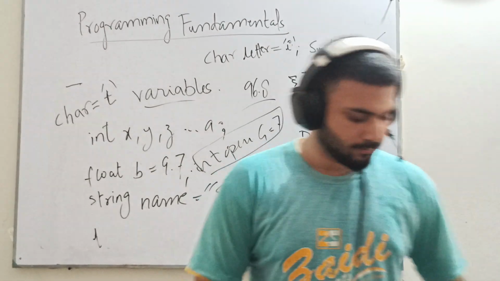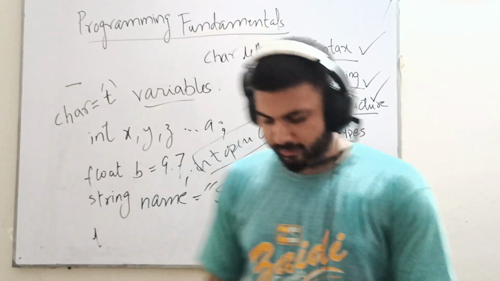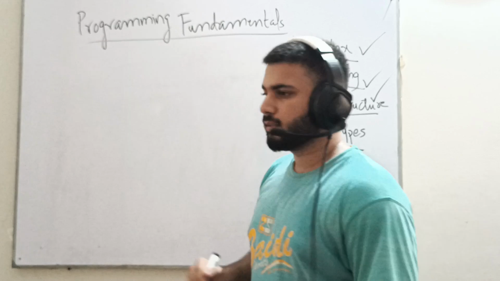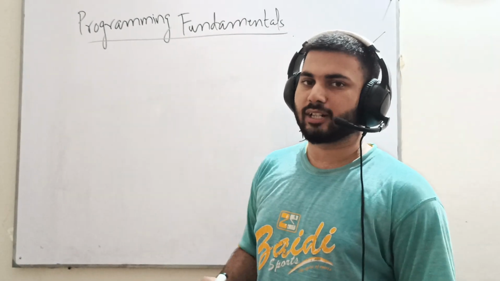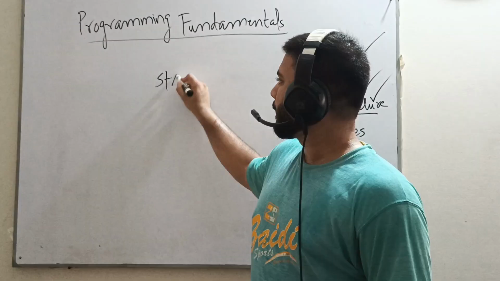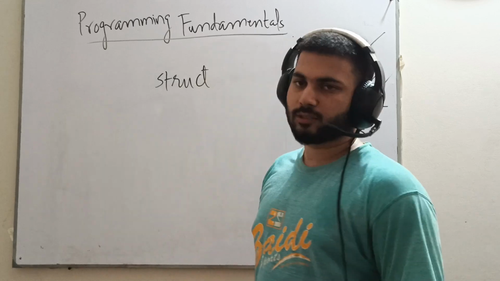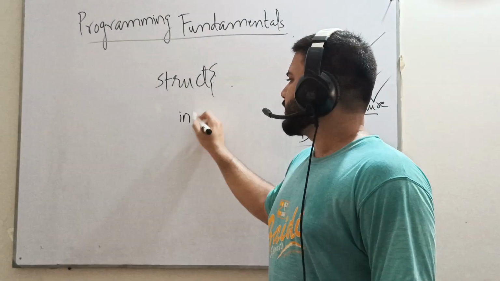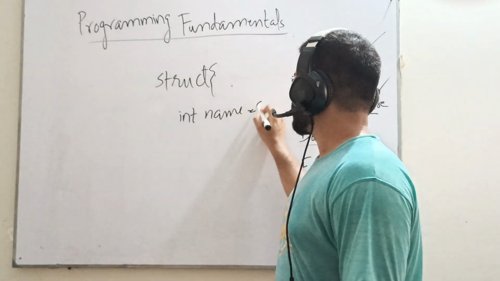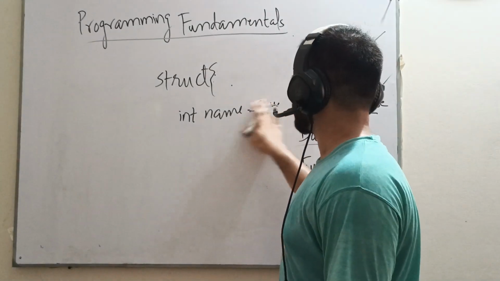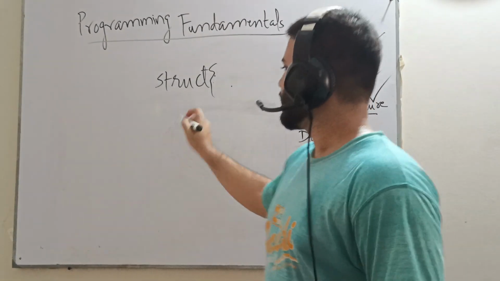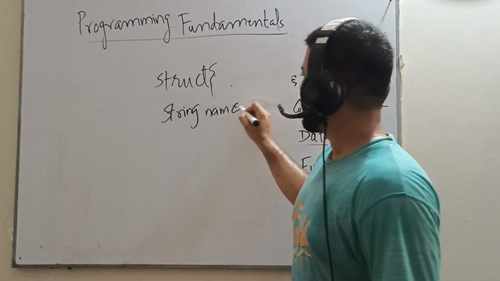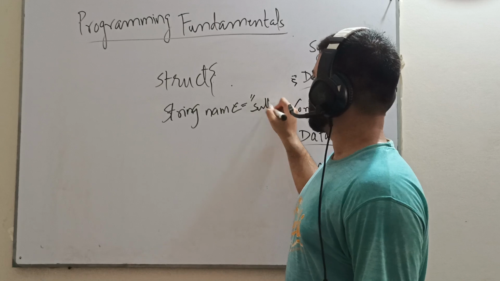There's one more twist. You can define your own data types. How can you define your own data types, sir? Well, we use a thing called struct. It's like this. String name is equal to Sultan.